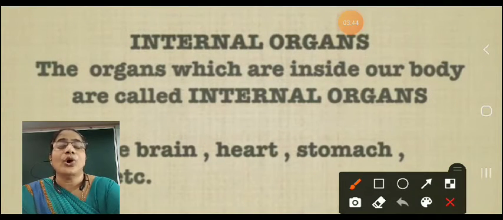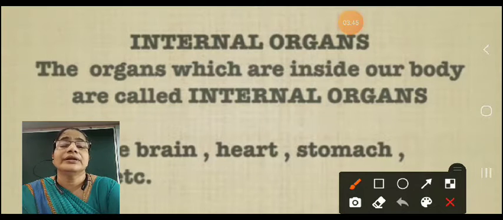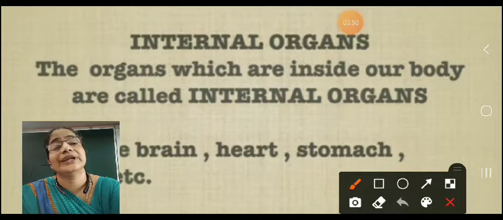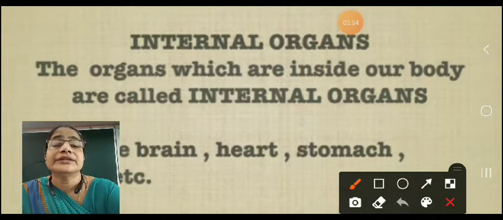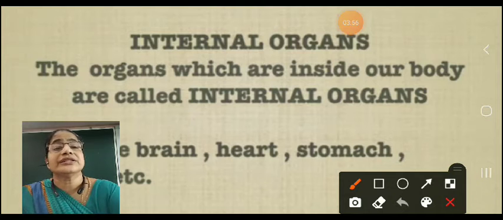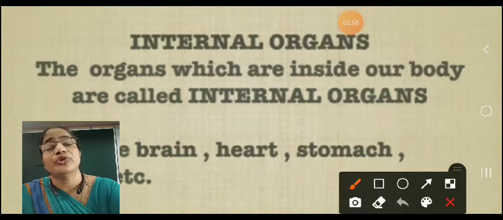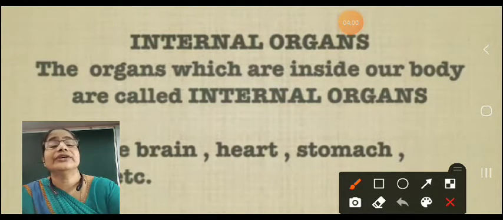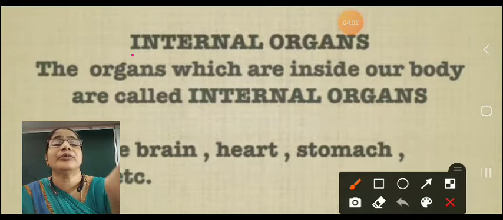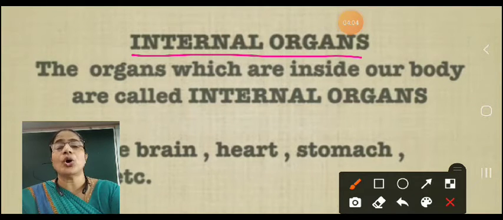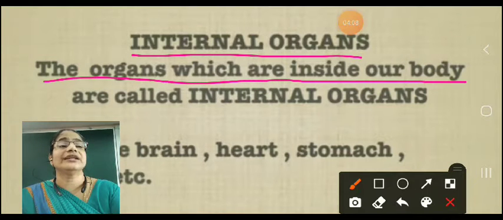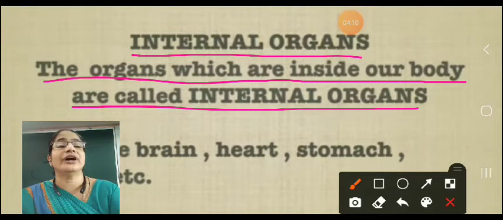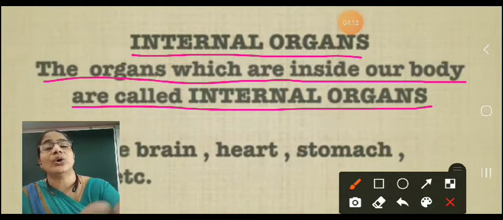Now, we already learned there are two parts of our body, external and internal body parts, and we have learned about external body parts. Here we have to learn about internal organs. The organs which are inside our body are called internal organs.